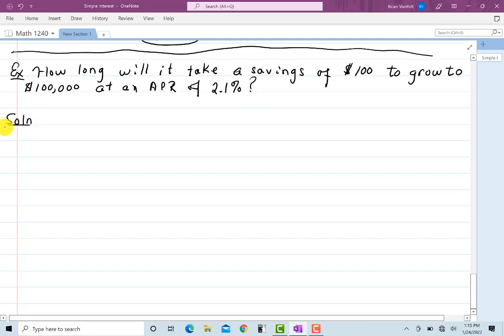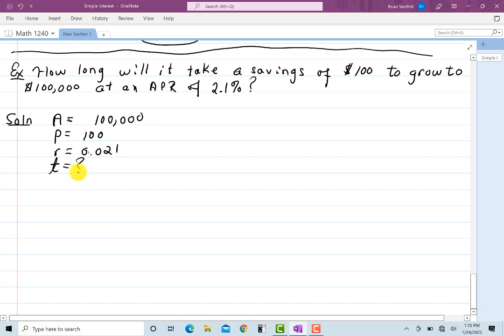So this time, let's see what we have. The total amount that we want to achieve is 100,000. I should probably take out the dollar sign because I'm just dealing with the numbers here as I do the problem itself. The principal was 100. The rate is 0.021.